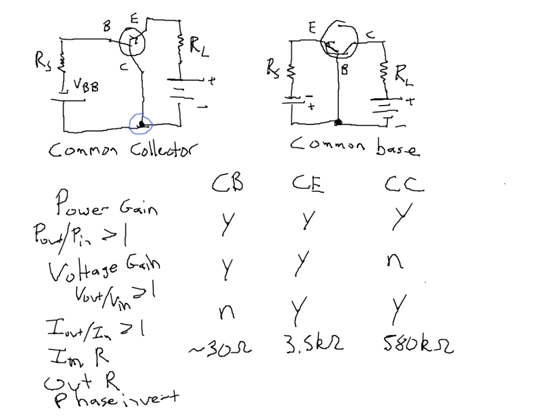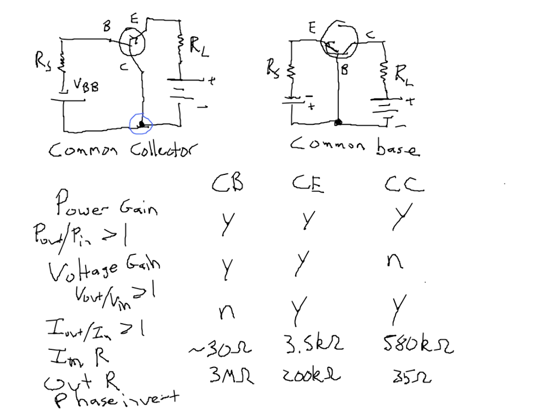The common base configuration has a 3 mega ohm output resistance, so not very good. The common emitter configuration, 200 kilo ohms, so certainly better, but not great. And then the common collector configuration, 35 ohms.